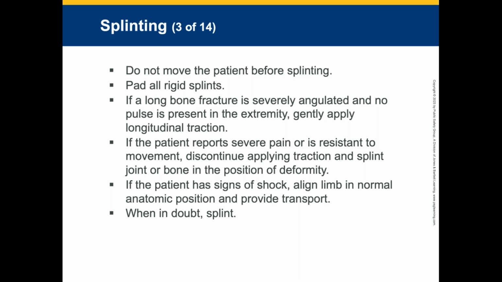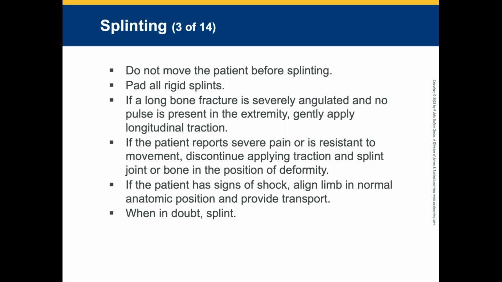Manually support the injured site with hands placed above and below the injury if it's a bone injury, or above and below the joint if it's a joint injury. If a long bone fracture is severely angulated and there is no pulse present to the extremity, gently apply longitudinal traction. Do not attempt to straighten fractures involving joints without obtaining medical direction first.